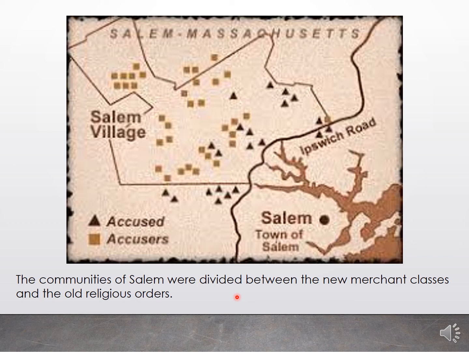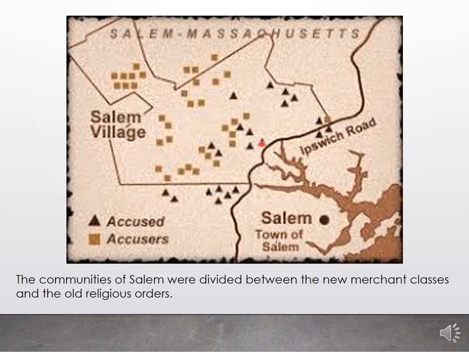And when they mapped this out, they found something really interesting. And you'll notice here that all the triangles are representative of the people who were being accused of witchcraft. And then the accusers are the people who are all represented here in these squares.